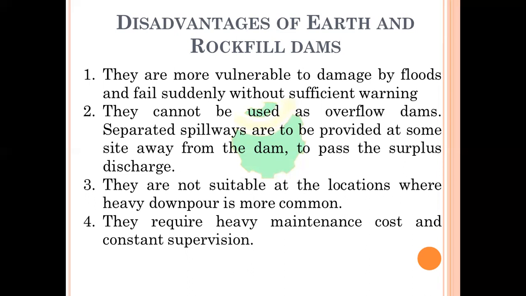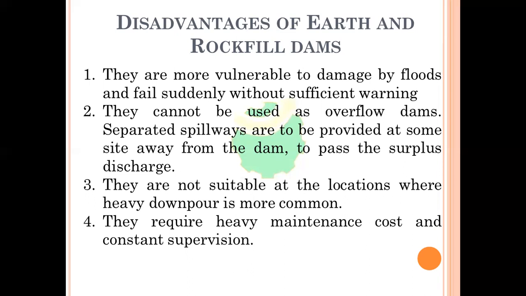They are not suitable at locations where heavy downpour is common, because earth dams do not arrest the heavy runoff. They require heavy maintenance cost and constant supervision. Initially, construction cost is less, but maintenance cost is more in earth dams.